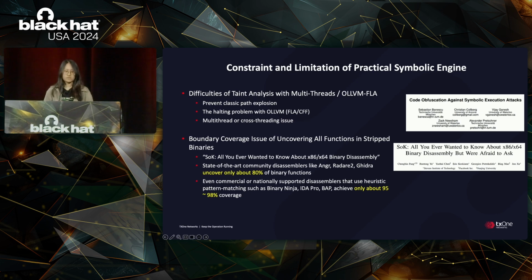Even commercial or nationally supported disassemblers that use heuristic pattern matching can only achieve 95 to 98% coverage, which means it is not fully 100%. This means attackers still have strategies: they can build weird or unusual functions to evade decompilation and hide their malicious behavior from the detection engine.